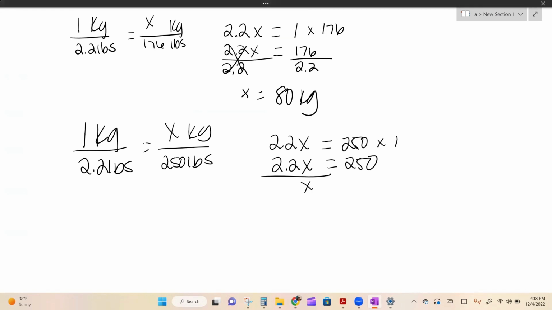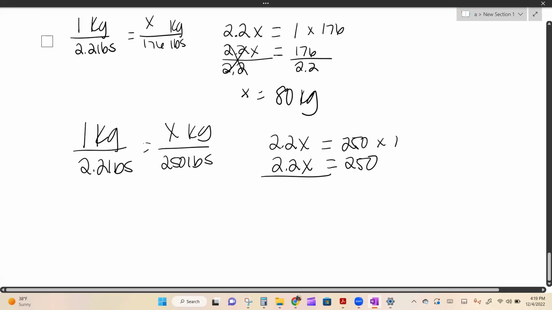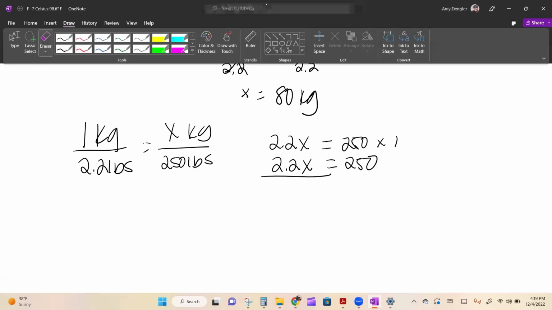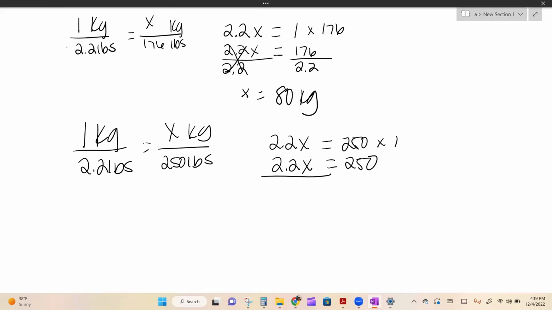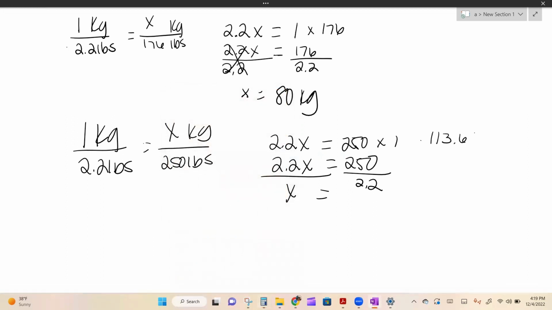I want to get x alone, so we divide both sides by 2.2. So 250 divided by 2.2 means that they weigh 113.6, we'll say, kilograms.